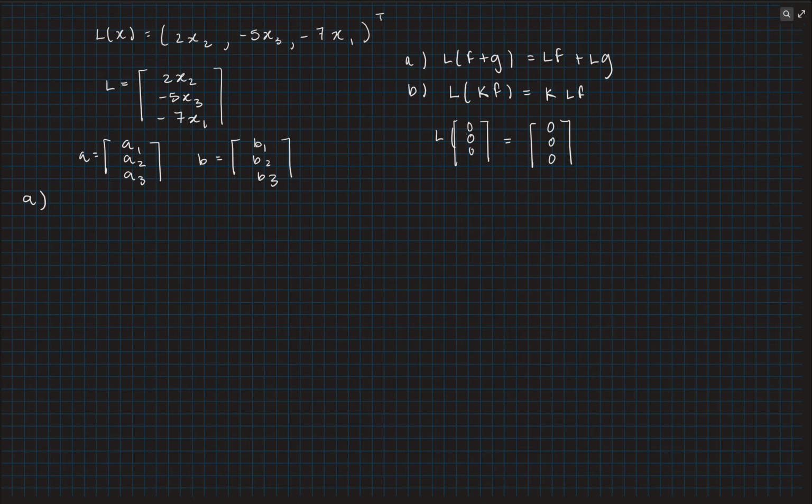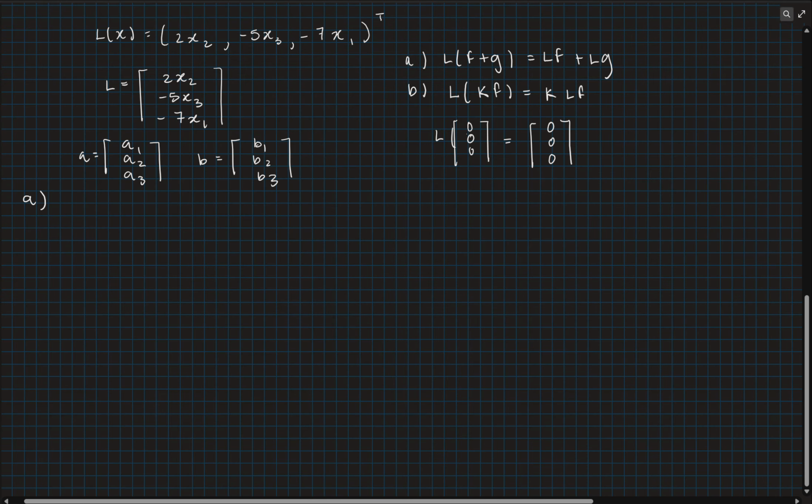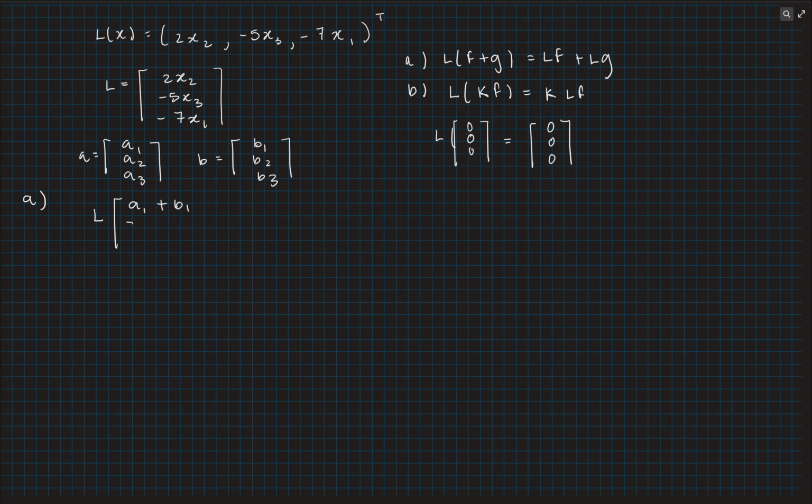And we're going to check if our first condition, A, is true. So L of these two added together is going to be A1 plus B1, A2 plus B2, and A3 plus B3.